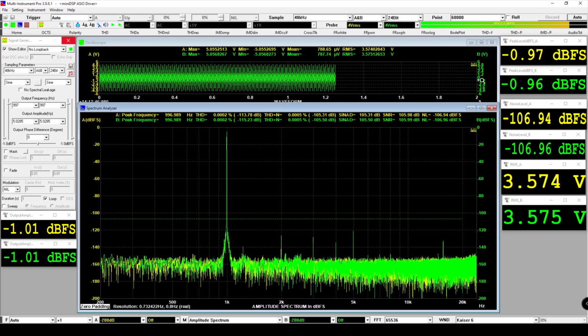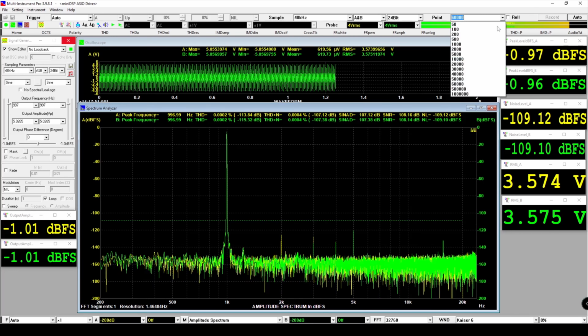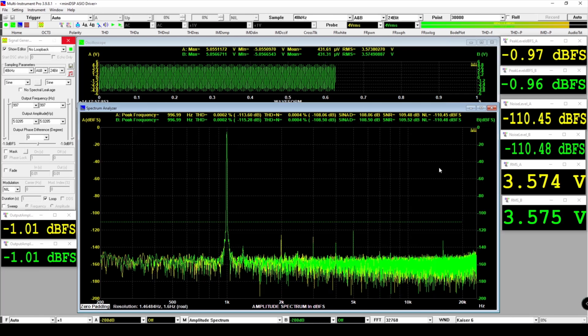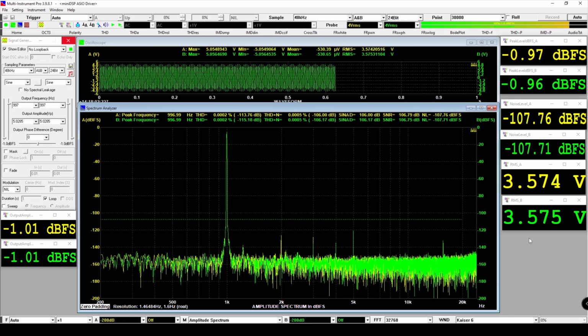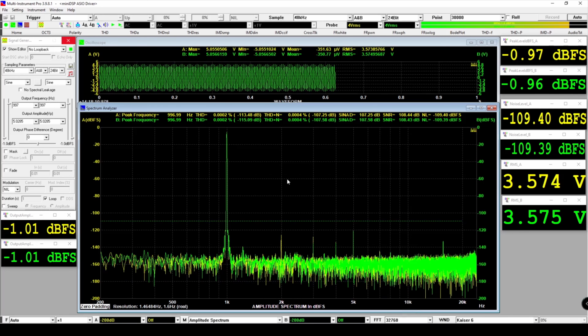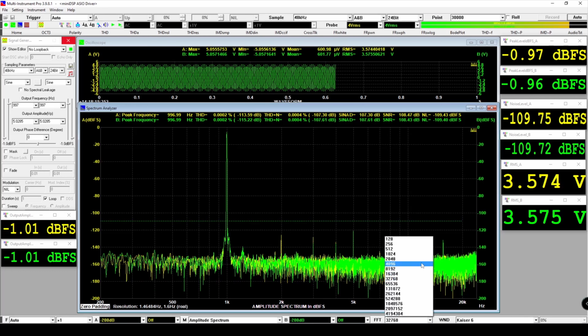And then we get to see the other features of the window length. This window is an important concept in FFT because it tells about your frequency resolution. If we use the 32,000 window length, this is what we see. And let's put 4,000.